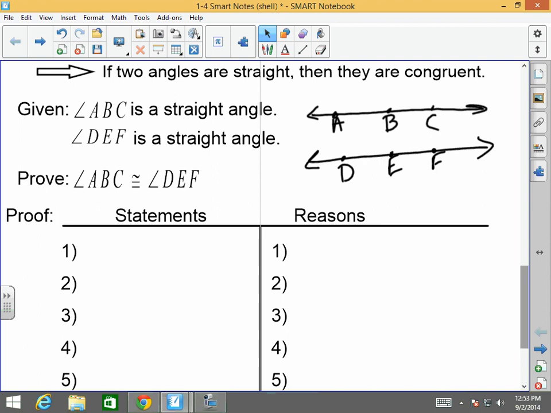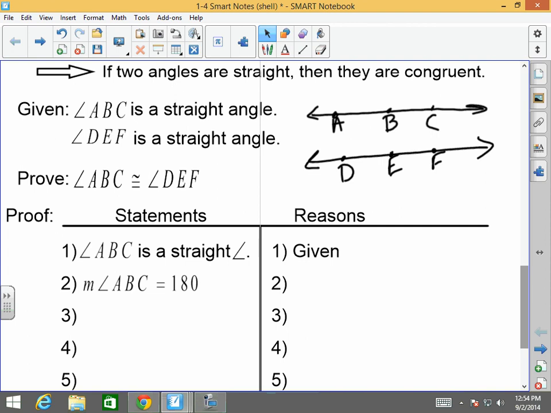So we're going to always start with our givens. Yes, sir. So angle ABC. Correct? You're on fire. Angle ABC is a straight angle. Reason: given. What do we know about the definition of straight angles? That is exactly correct. The measure of angle ABC then equals 180 degrees.